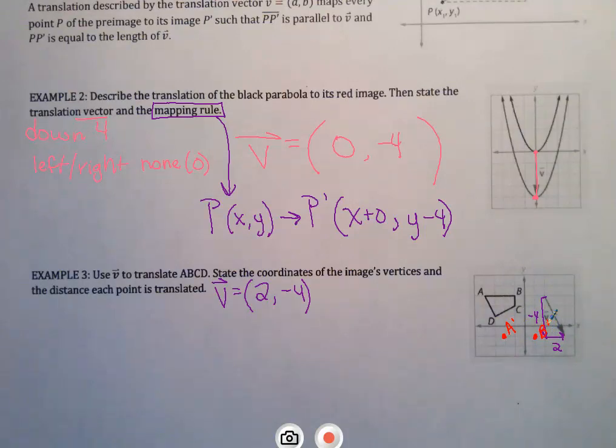It is kind of small. C, we go 2 right and 4 down, and then D, 2 right and 4 down. Mine looks like a turtle.